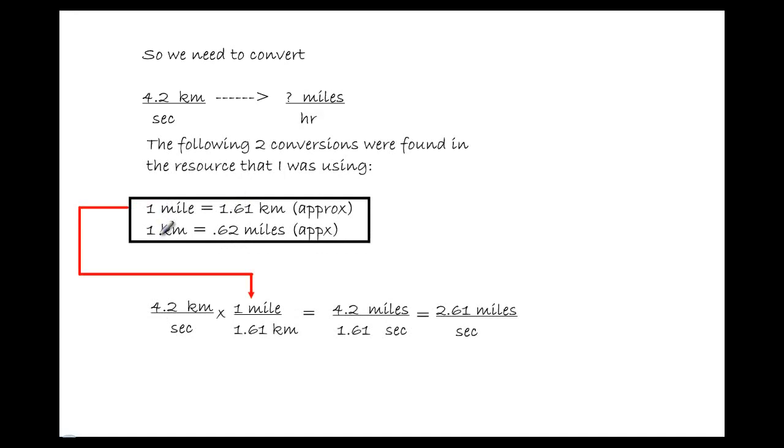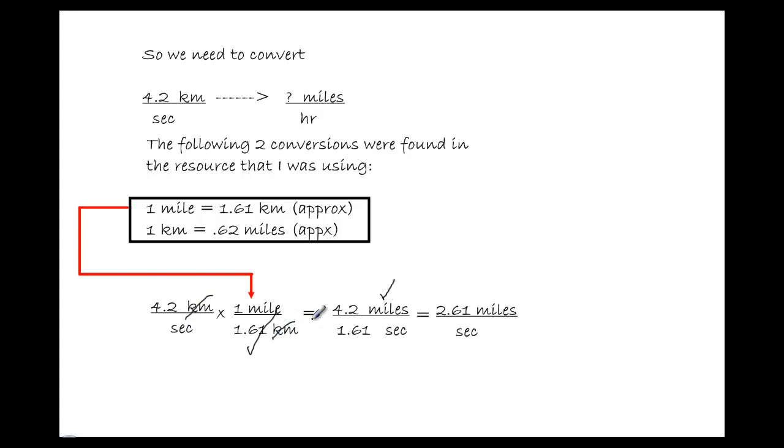If we use the first one, 1 mile equals 1.61 kilometers, the fact that a mile and 1.61 kilometers are the same thing means that this right here is a unit fraction, and this has a value of 1. So when I multiply 4.2 kilometers per second, that means divided by second, by 1 mile divided by 1.61 kilometers, I cancel out the units, the kilometers, and what I'm left with is miles.